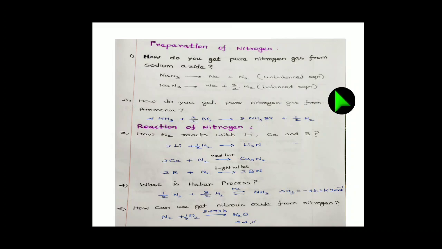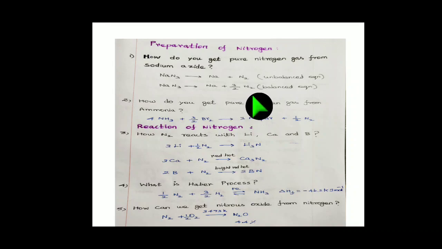Pure nitrogen gas can be obtained by thermal decomposition of sodium azide at about 573 Kelvin. In this equation, the decomposition gives sodium and nitrogen, both splitting.